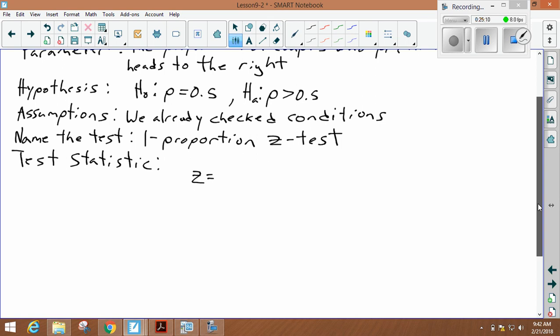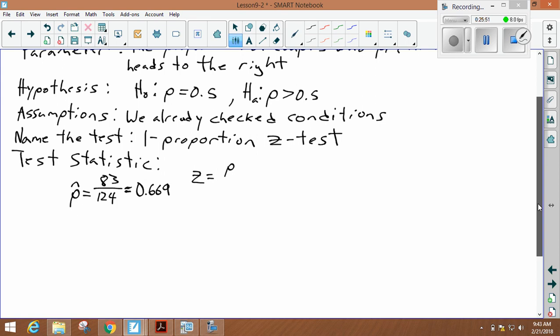Remember, we had a p hat value of 83 out of 124. The person observed that 83 out of the 124 people tilted their head to the right, and that was approximately 0.669. That's our p hat. So I'm going to write the actual formula we're going to use.